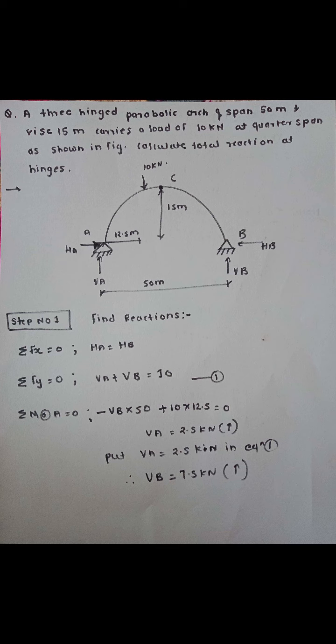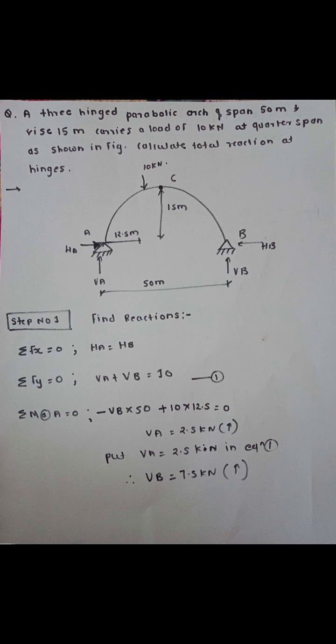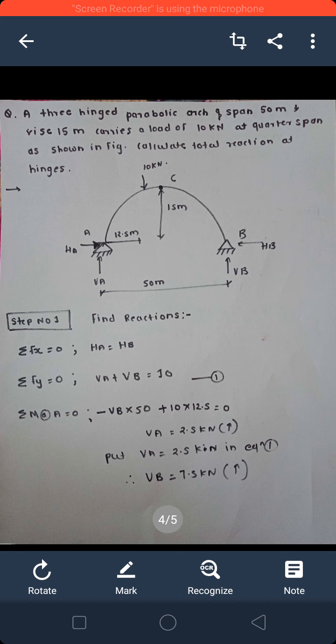As the diagram indicates, we are given a 3-hinge parabolic arch with a span of 50 meters and a rise of 15 meters. It carries a point load of 10 kilonewton acting at a quarter span from the left hand support. So step number 1 is to find the reactions.